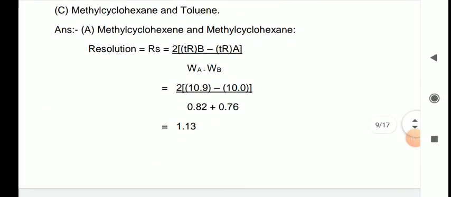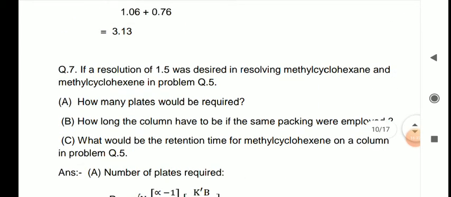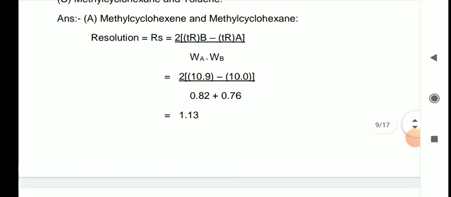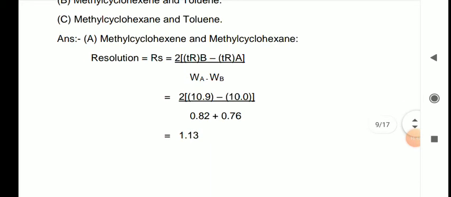So the resolution for A and B, methyl cyclohexane and cyclohexene, will be 2 into 10.9 minus 10 upon 0.82 plus 0.76. So that is 1.13. This resolution we are getting is 1.13.